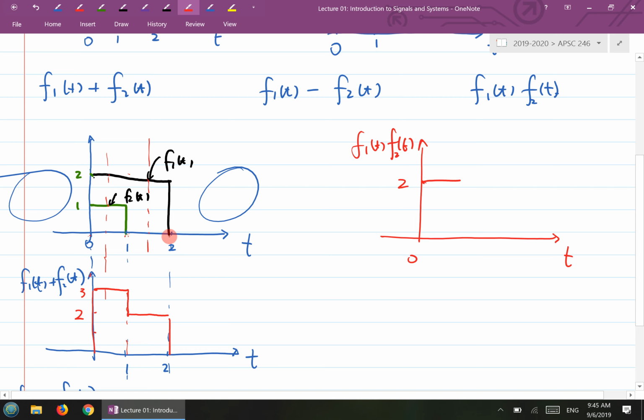Between 1 and 2, 2 times 0, which is 0. So you're back to 0. So basically, the whole curve is this. Okay, that's f1 of t times f2 of t.